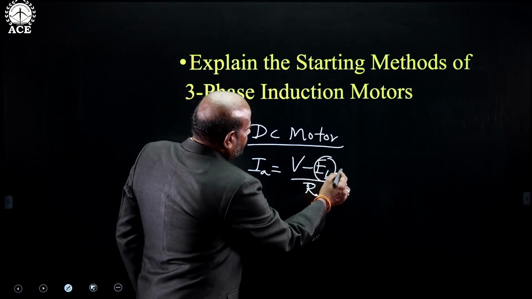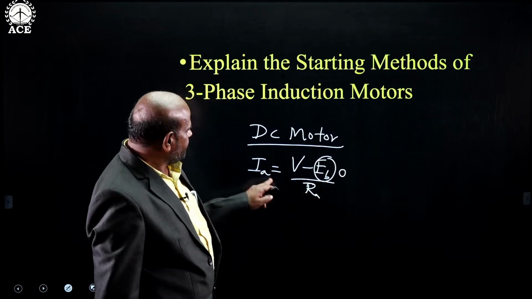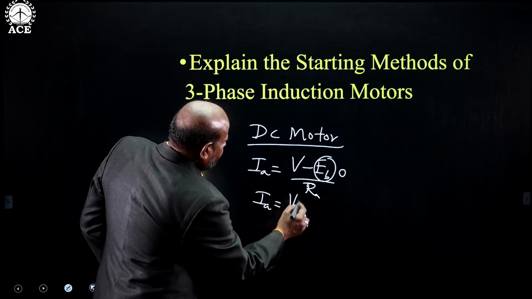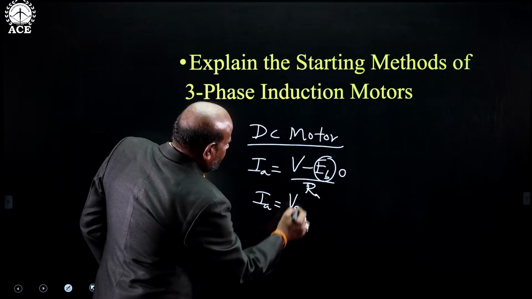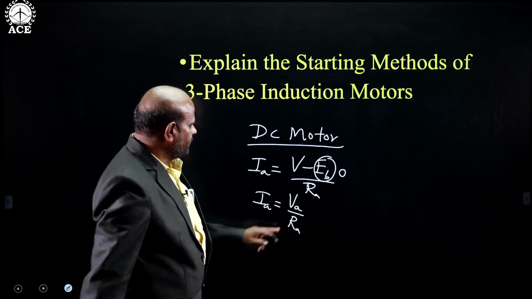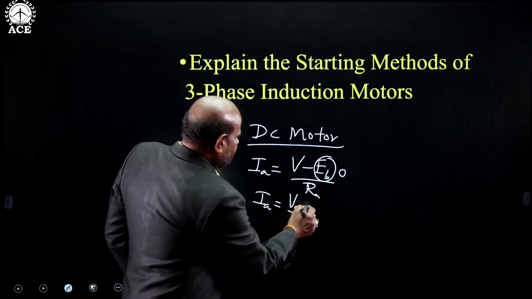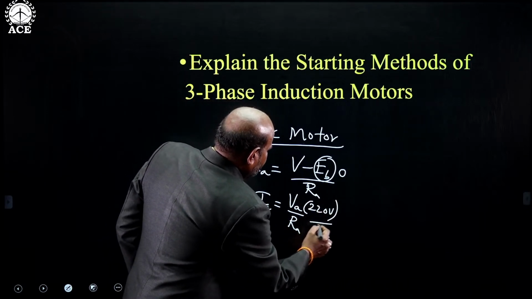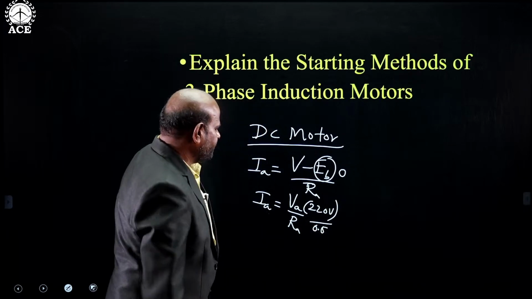Whenever EB is 0, the starting current will be VA by RA, where VA is the applied voltage. Full voltage, 220 volts, is applied, whereas the armature resistance is 0.5.